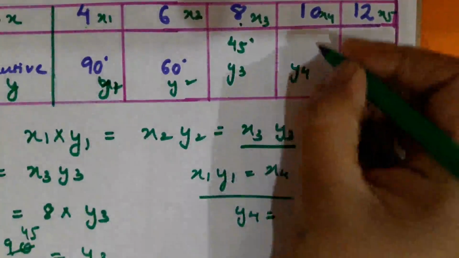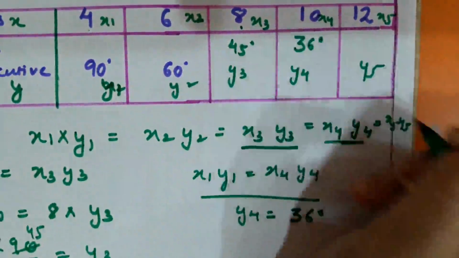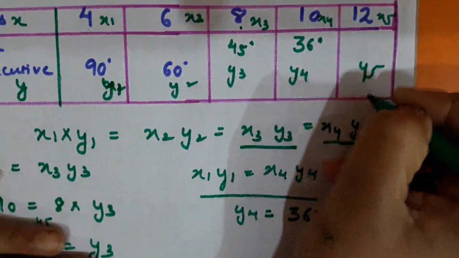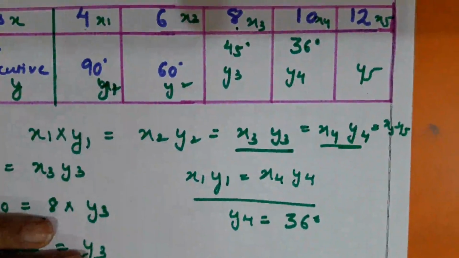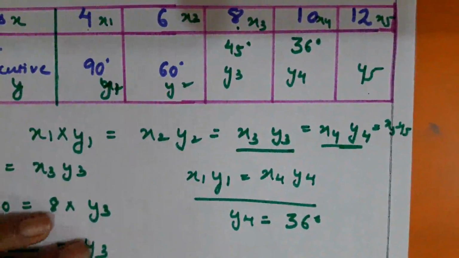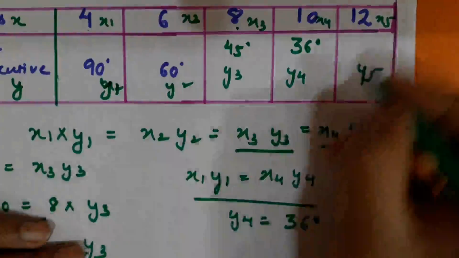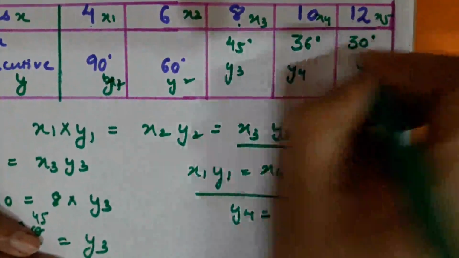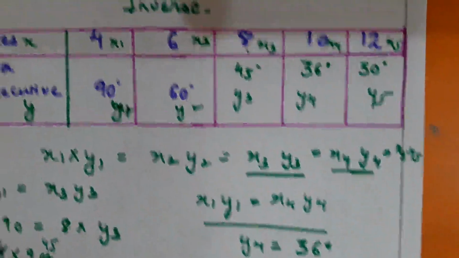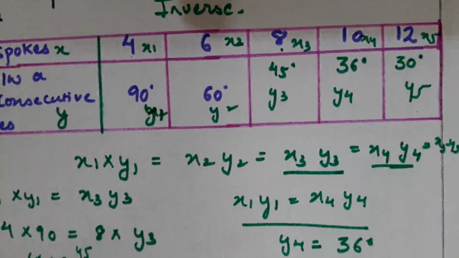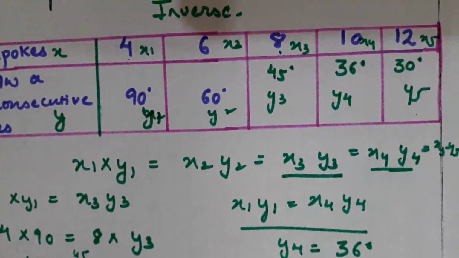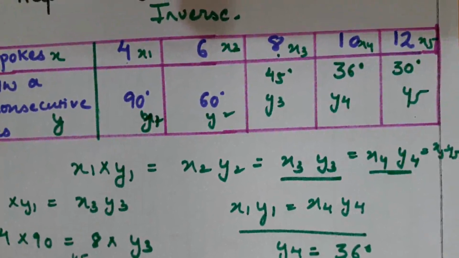So the y4 value is 36 degrees. In this way find y5. y5 will be equal to 30 degrees. So I have already completed the table. In this way you are able to find the angle between the consecutive pair of spokes.